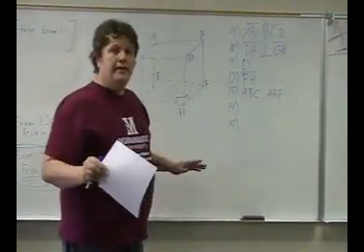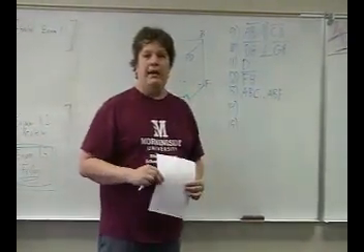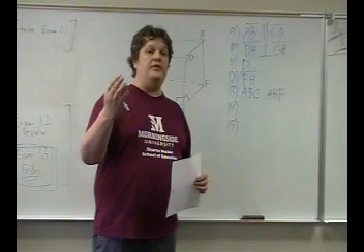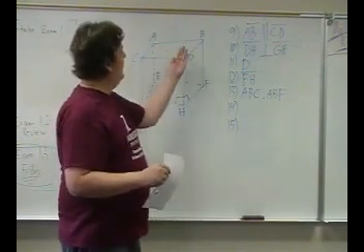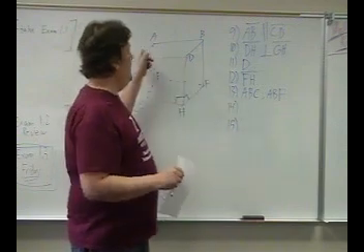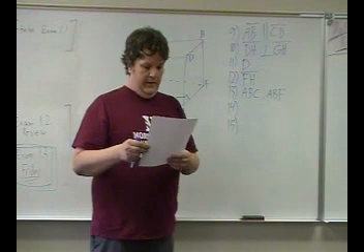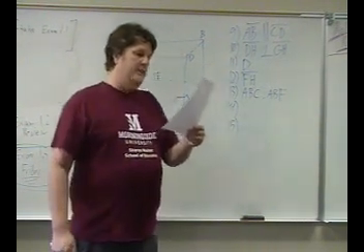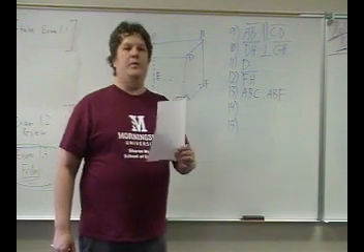Taking advantage of that, I know that both of these planes are going to have AB as part of their name. So I just need a third point to show that it's this plane and this plane. So I just chose ABC and then ABF. That's the answer.